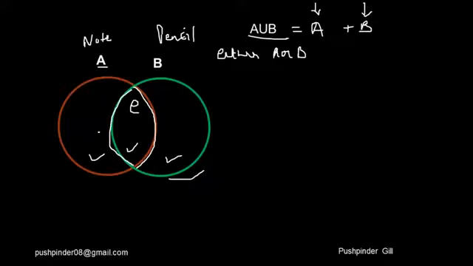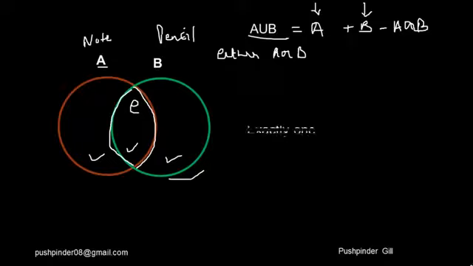That means E has been added twice, which means I would have to remove it once. If I remove it once, then I'll get the exact value of A union B. So A union B is equal to A plus B minus A intersection B. I hope everyone is understanding. This is pretty basic stuff.